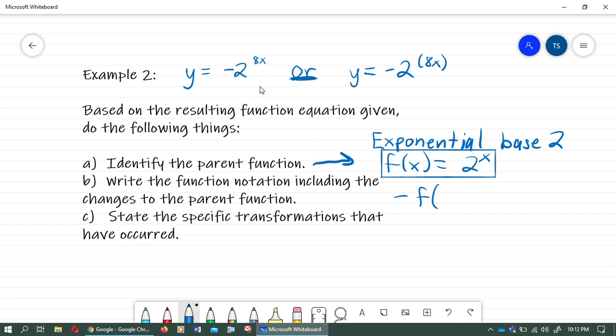And then there's a change happening inside of this function with the x as part of the exponent. Along with the x as part of the exponent, they've got a number being multiplied on the inside. So again, guys, with this one, they don't have to put the parentheses when they write the equation. It could be y equals -2 raised to the power of 8x without parentheses.